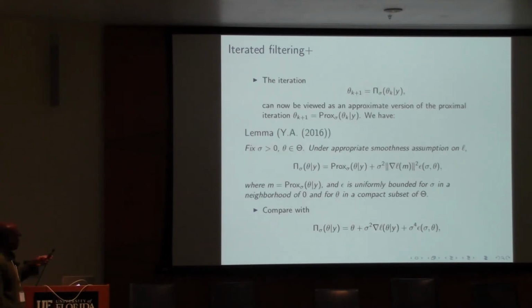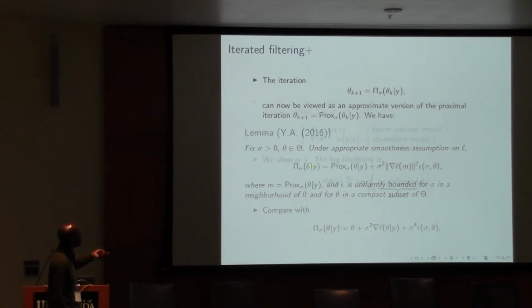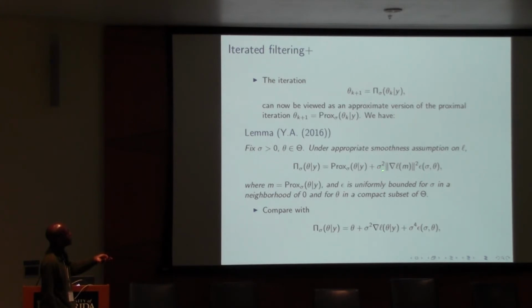And what we've shown is that this posterior mean that I defined earlier is actually directly related to the prox at theta. You have this approximation, and the term that comes in terms of the sigma turns out to be really the same.